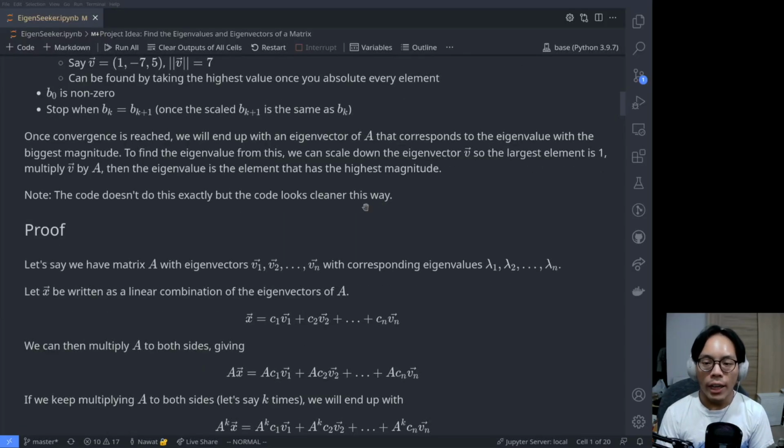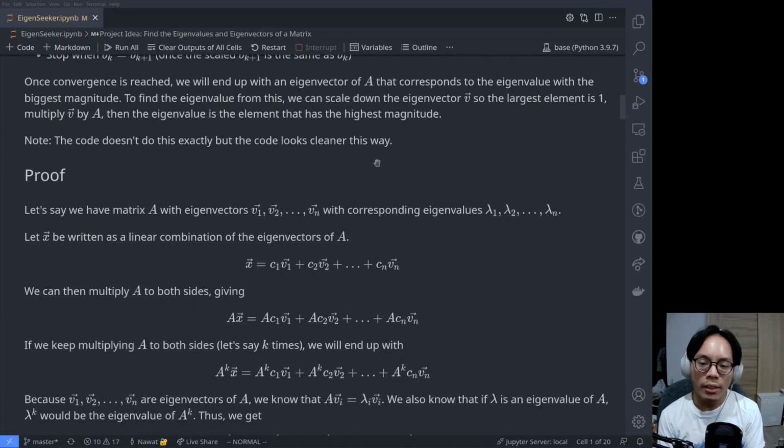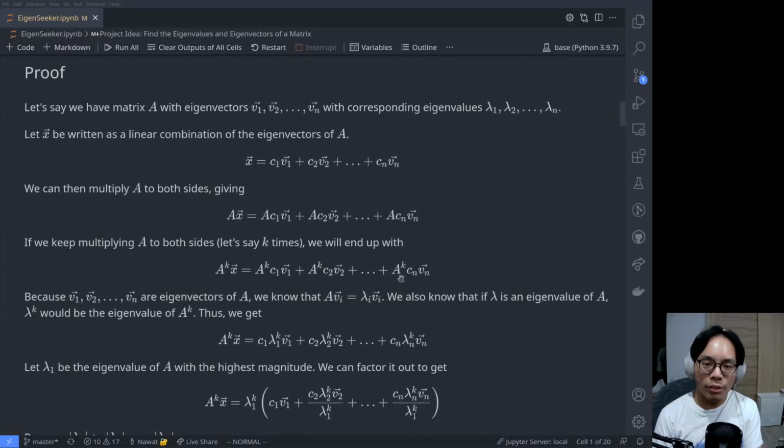To find the eigenvalue from this, you can scale down the eigenvector v so that the element with the largest magnitude is 1. And then you can multiply A to that vector, and then that element that used to be 1 will be the eigenvalue. So here's the proof of the power method.